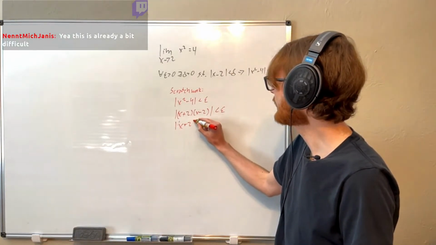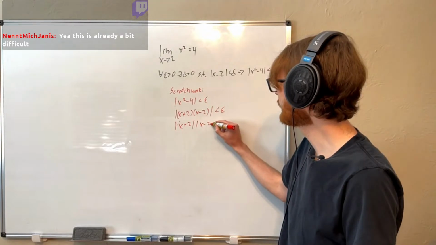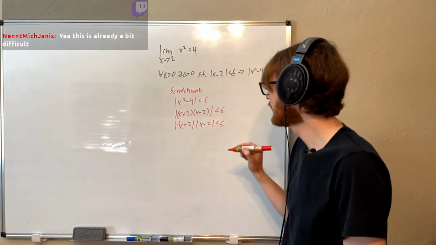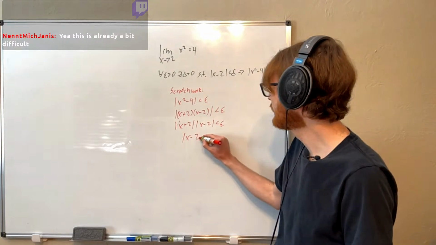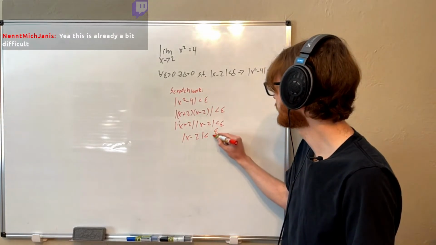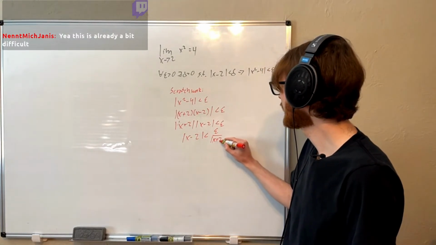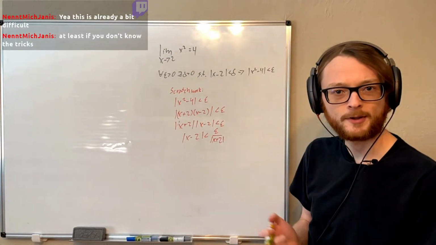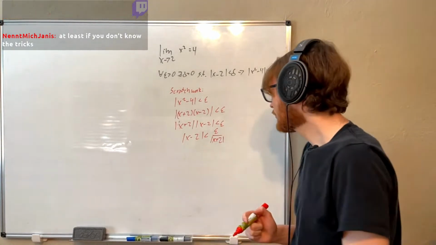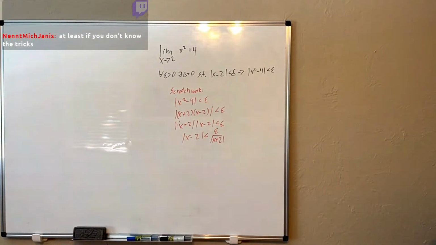So we'd say |x plus 2| times |x minus 2| less than epsilon. Divide each side by |x plus 2|, because we want to isolate x minus 2. But what the heck is epsilon over |x plus 2|? That's weird. So this is where we have to do the weird stuff.